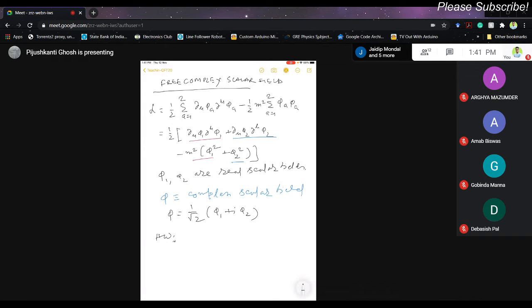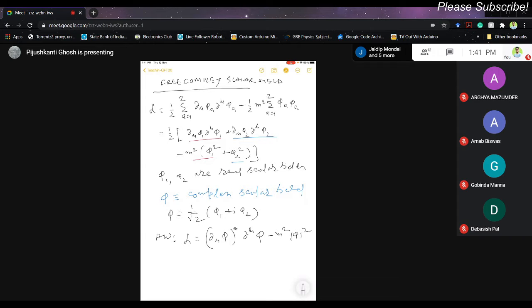You can show that in terms of this, L can be written as del mu phi star del mu phi minus m square mod phi square. Okay, so two real scalar fields is equivalent to one single complex scalar field.